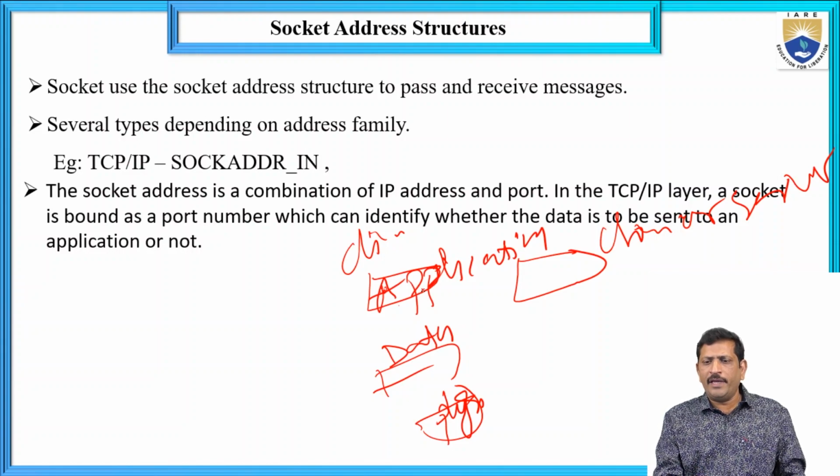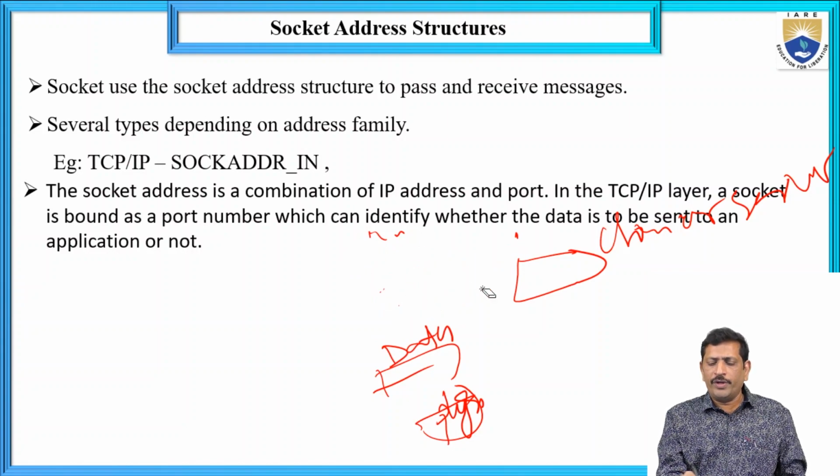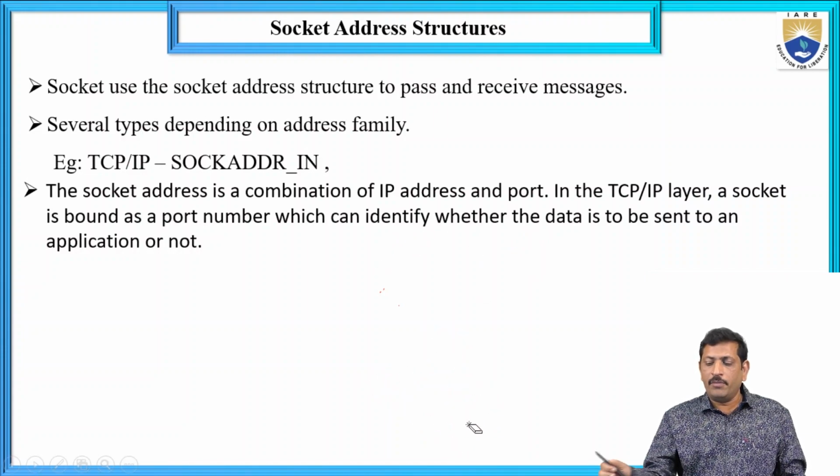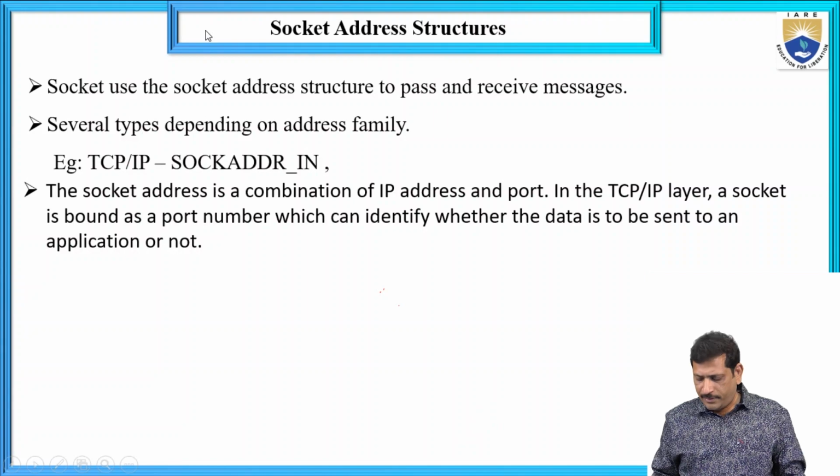Now the data can be released at the application layer and transmitted with the help of the TCP/IP protocols, so that it can be sent to another server or another client at the application layer. Like this, we can transmit the data from one application layer to another application layer.